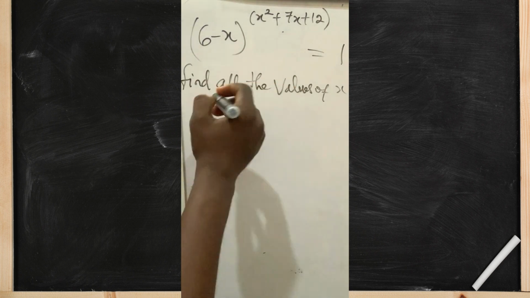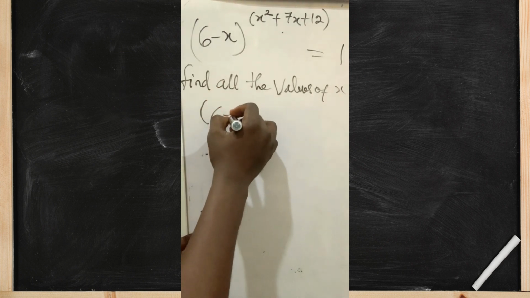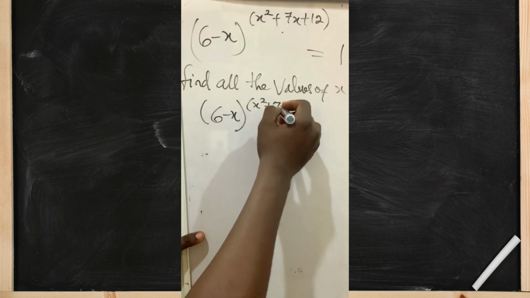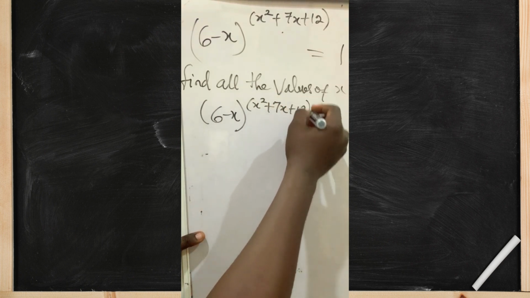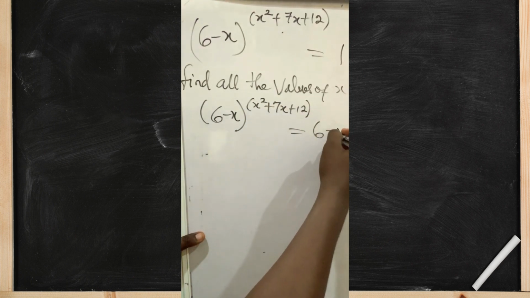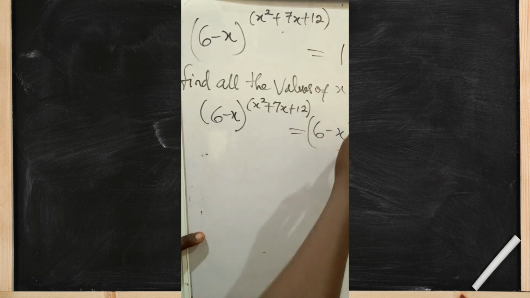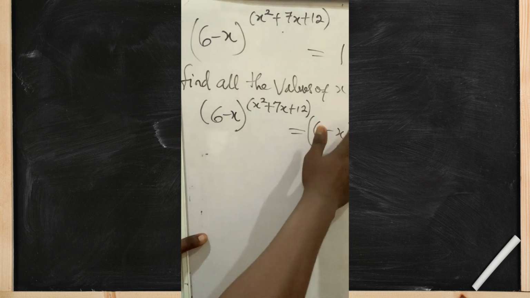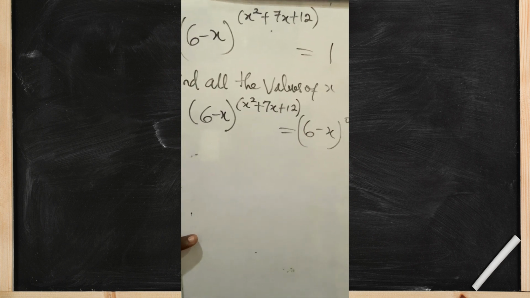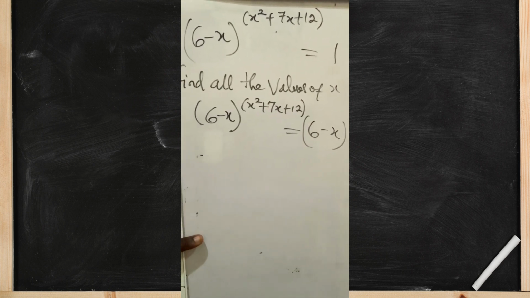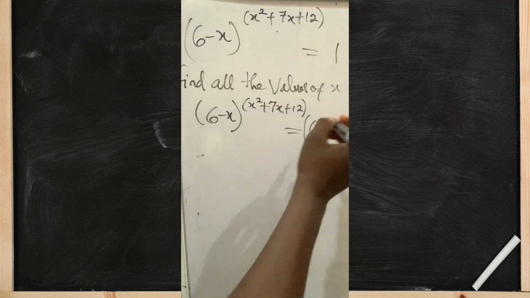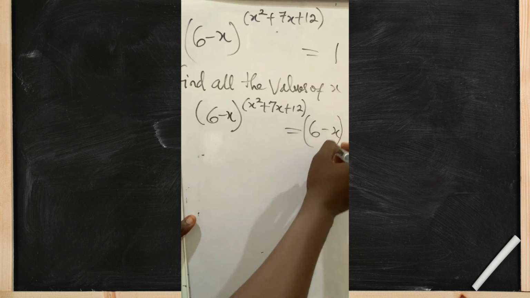So what this means is that we can write this question in this manner: equal to 6 minus x raised to power 0. I just want this 0 to appear in my solution.